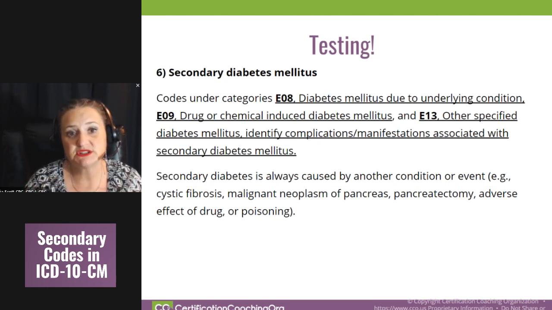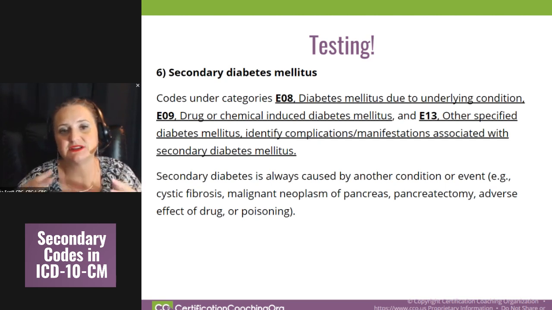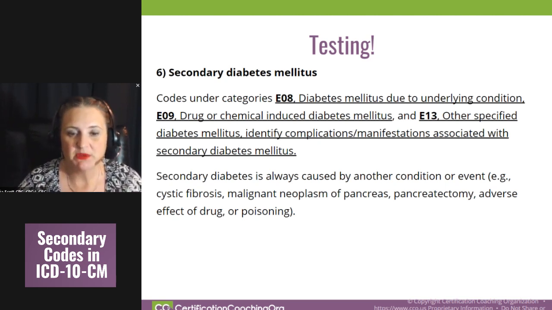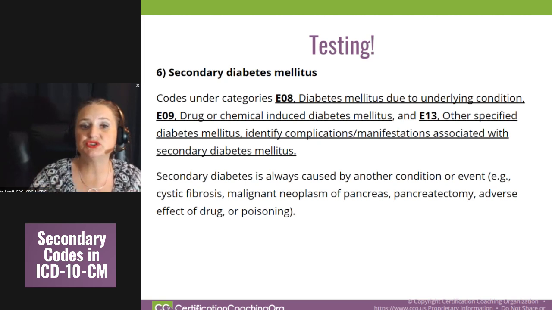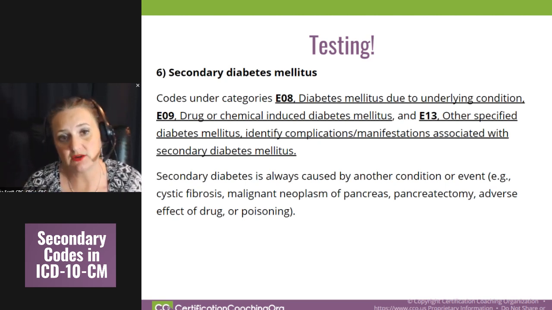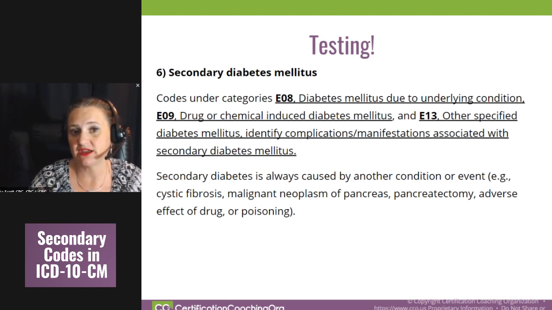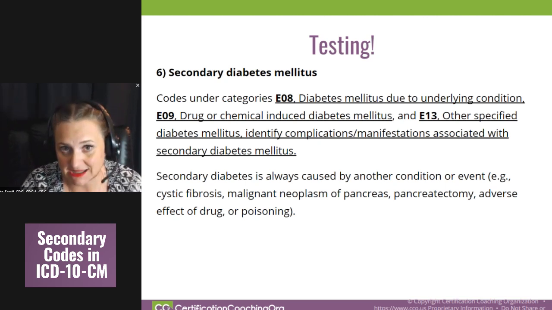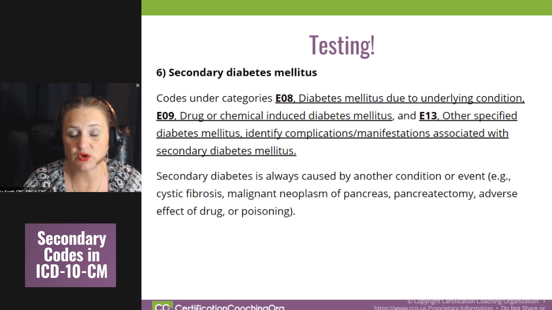Sometimes when they do heart procedures on a patient, a friend of ours had a valve replaced. When they wake up from the operation, their body is kind of in a suspended state of diabetes. There's a much better way to explain this, but it's a temporary diabetes. The protocol for a lot of hospitals, after specific heart surgeries, is they'll put the patient on a diabetic diet while they're recovering.